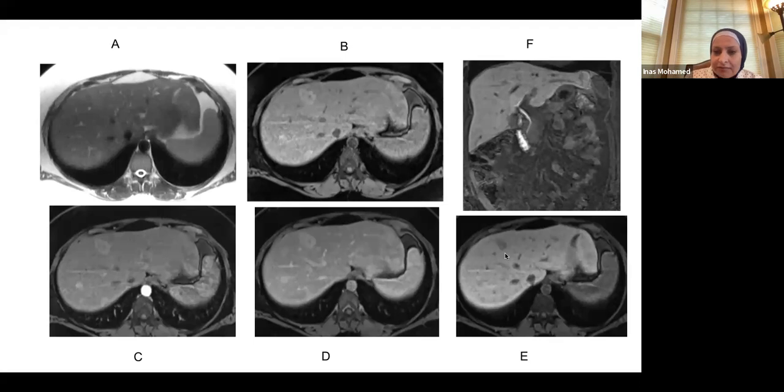And there are other differentials, these zebras, that we're not going to get into right now, but they are going to lose the signal. So this is not washout. This is just that the lesion did not retain the contrast because it doesn't have bile ducts and hepatocytes. Okay, so this is actually an adenoma.